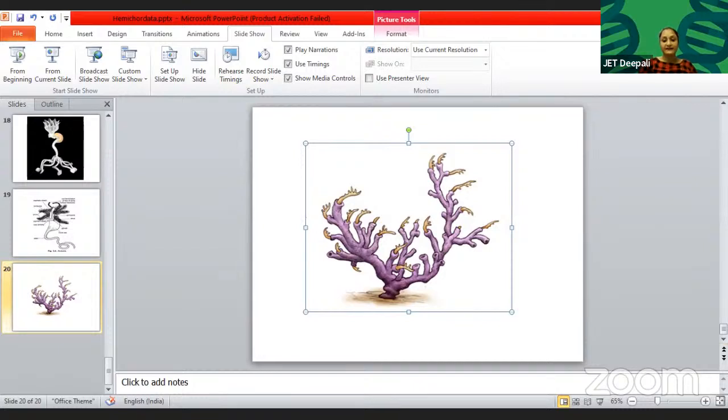Two rows of hepatic caecae present in the middle of the trunk. Sexes are separate. Indirect development with a free living larva, Tornaria. Examples: Balanoglossus, Saccoglossus, Dolichoglossus. Okay, Saccoglossus is Dolichoglossus only.